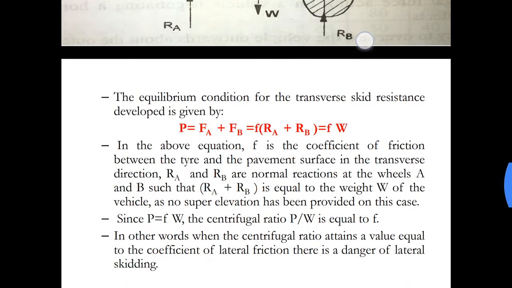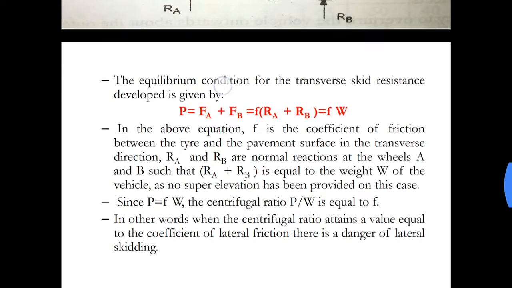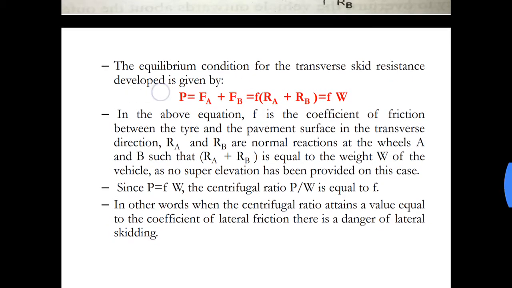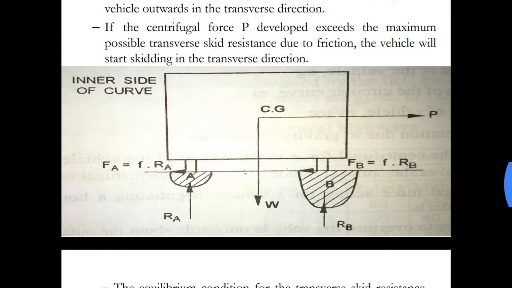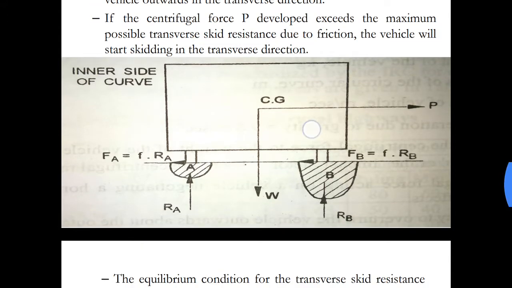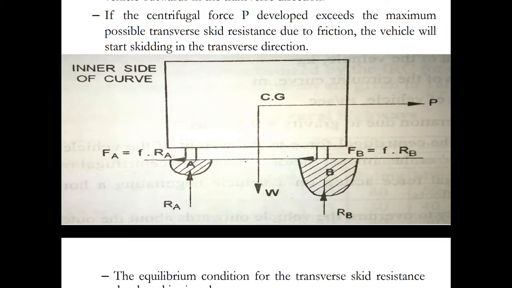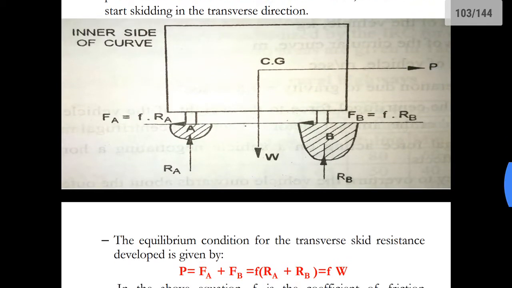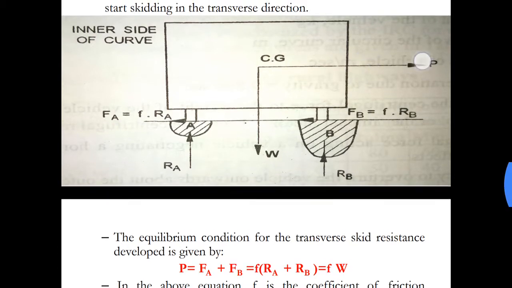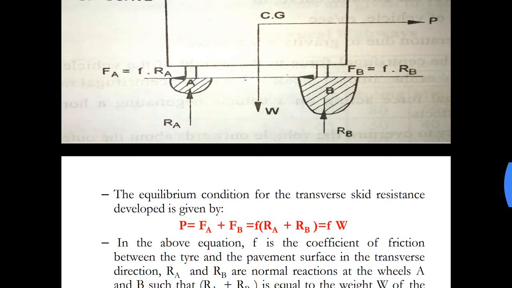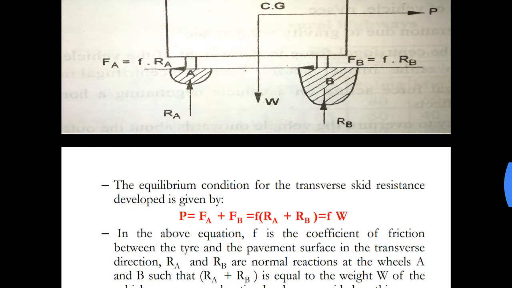The equilibrium condition for the transverse skid resistance developed is given by equating the forces acting towards the left hand side and the forces acting towards the right hand side. Then P would be equal to Fb plus Fa, because P is acting towards the outer side and Fb and Fa are acting towards the inner side.